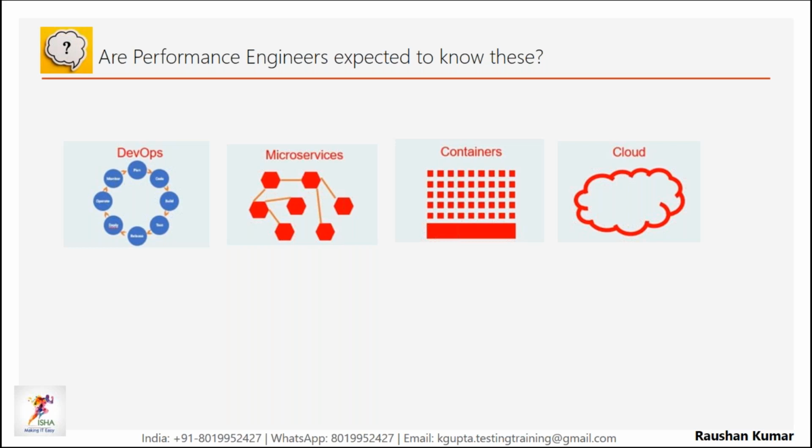let me go over the software development and deployment evolution, how the software has been developed and deployed over the years. Then these things will be clear, where DevOps fits in, where microservices fit in, where containers come into the picture, and where is cloud.